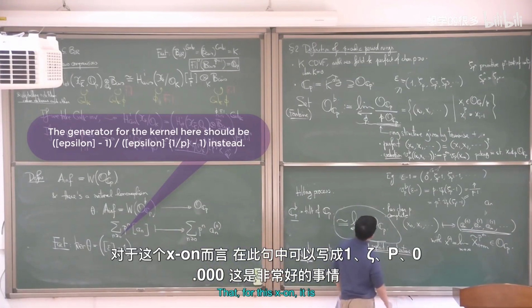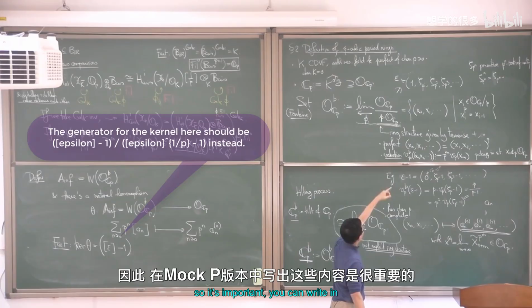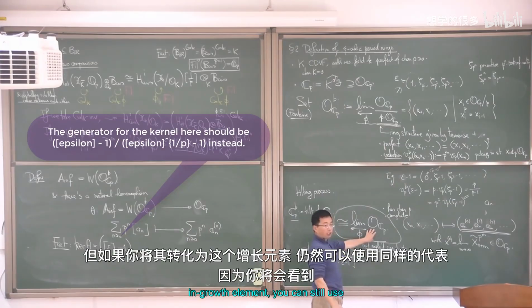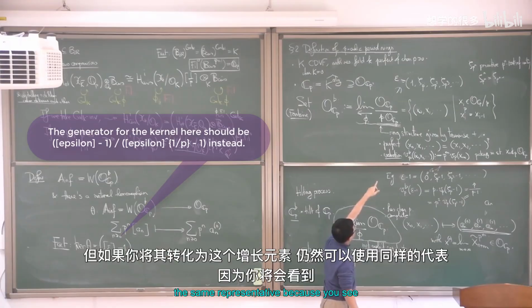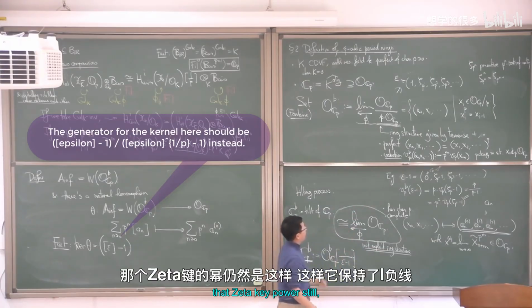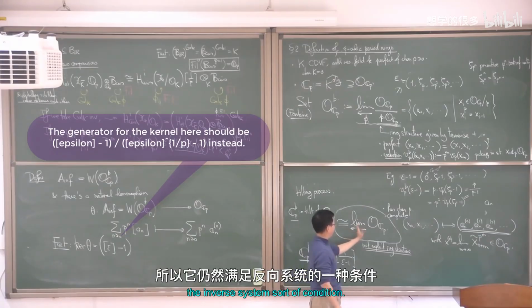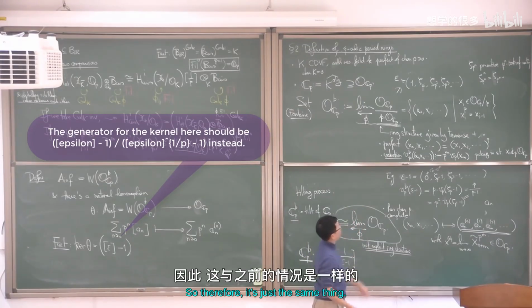This epsilon has a very good property: you can write 1, zeta_p, zeta_{p^2}, and so forth in the mod p version. If you turn that into this integral inverse limit, you can still use the same representative because zeta_{p^i} to the p power is still zeta_{p^{i-1}}. So it still satisfies the inverse system condition. Therefore, this is the same thing.